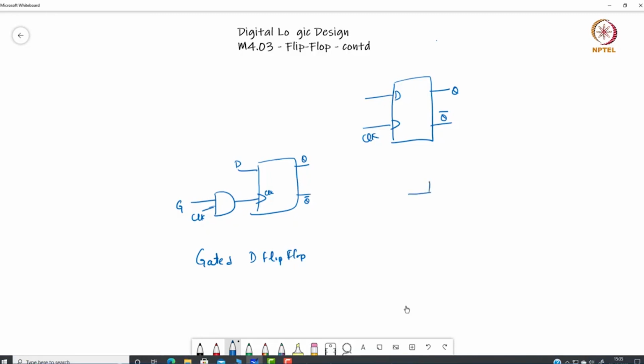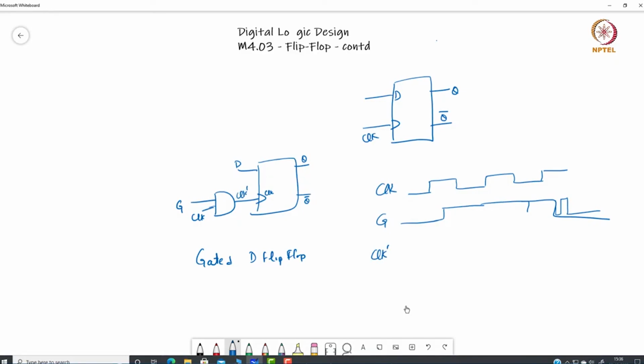So let's say this is my clock signal, and this is my gate signal. So the gate signal is, let's say, something like this, or there is also a possibility that it does something like this. Now what would happen, this is my clock dash or my new clock.